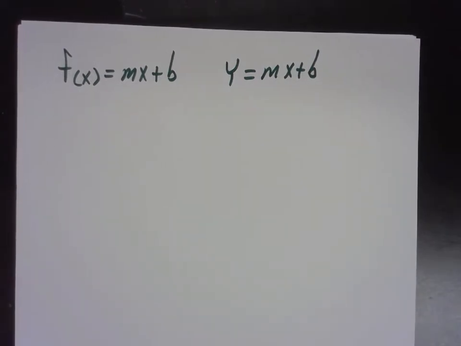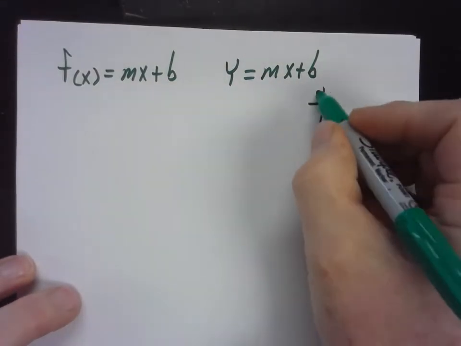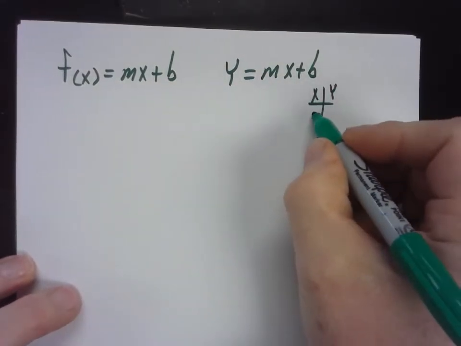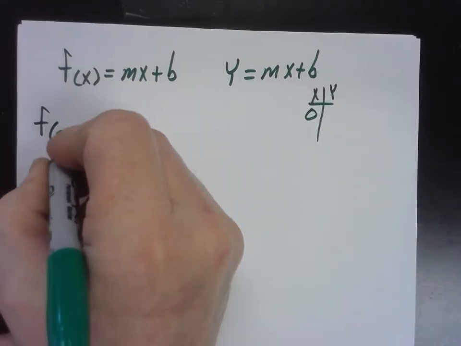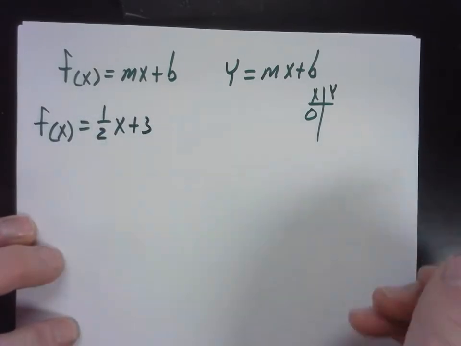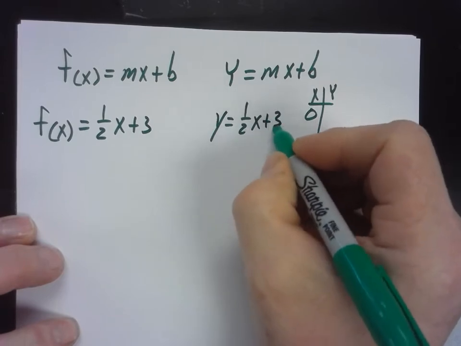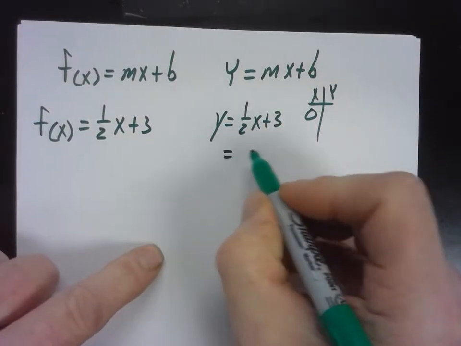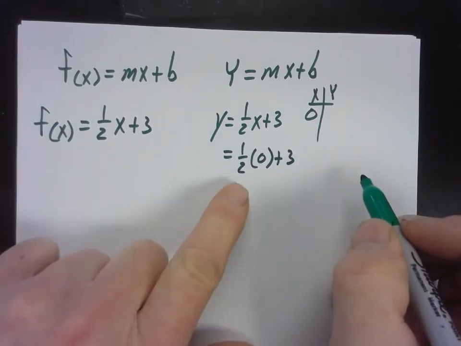So when we have a function, we can make a table, and we can say when x is 0, y is this. So let's say we have this function, f of x is 1/2 x plus 3, or y equals 1/2 x plus 3. So remember, we can put a 0 where x is, and say half of 0.